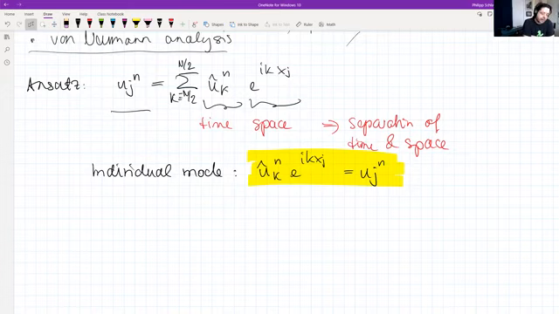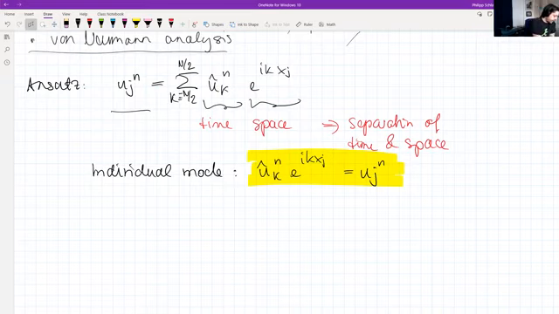And the idea there was that we introduce a Fourier transform and we assume linearity, which then allows us to consider each individual Fourier mode separately and determine the stability for each mode independently. That makes, of course, a great simplification.